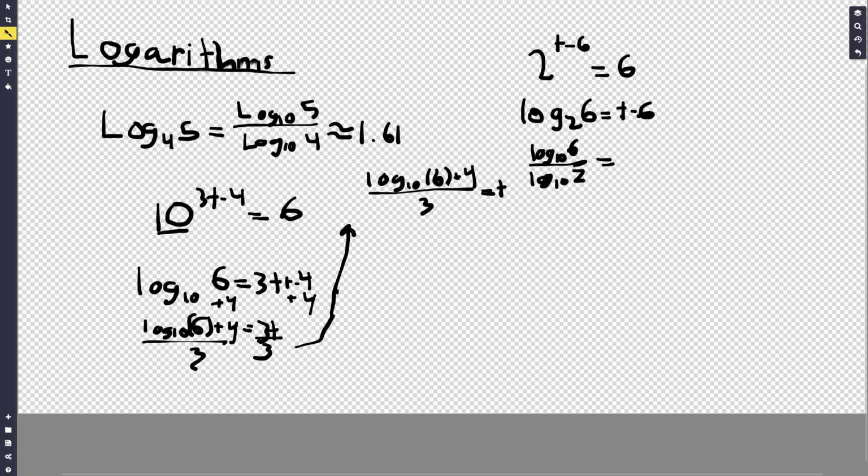And that's equal to t minus 6. So we're going to isolate the variable and add 6 to both sides. We're left with log base 10 of 6 divided by log base 10 of 2, plus 6, is equal to t. And you guys can just evaluate that in your calculators.